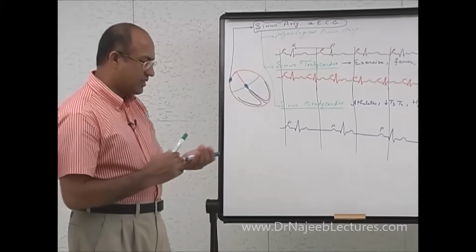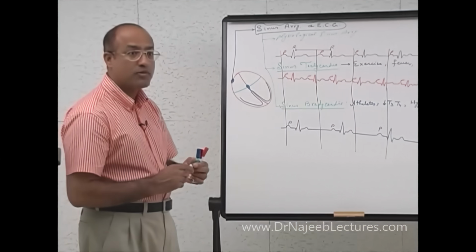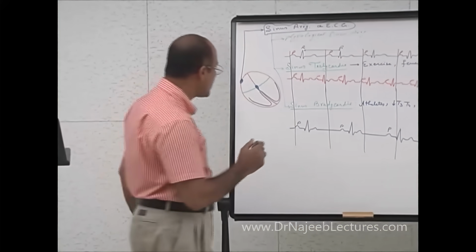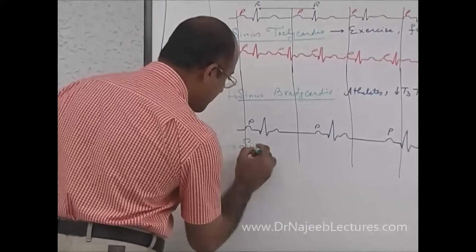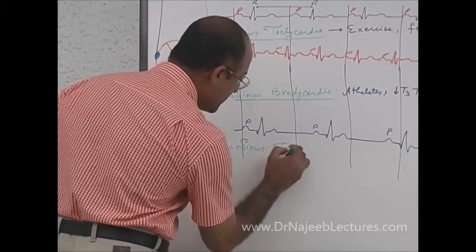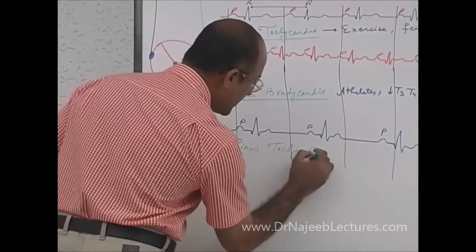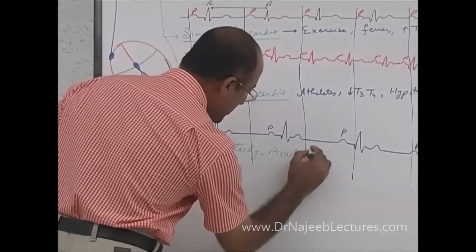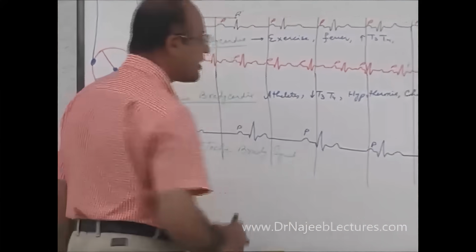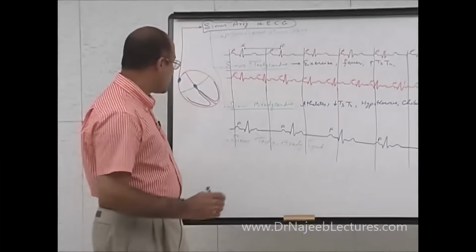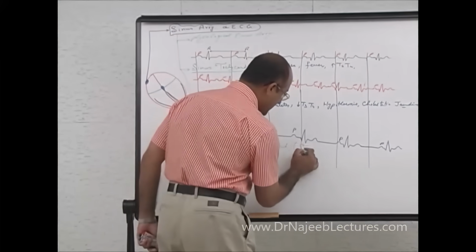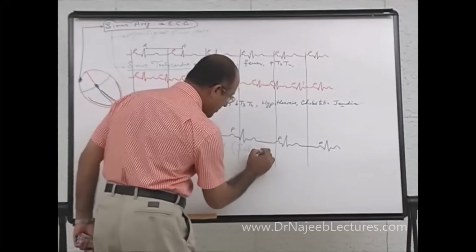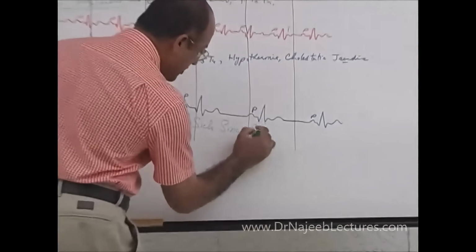So we can say you have a funny type of syndrome which is called tachycardia-bradycardia syndrome. That is sinus syndrome, or an easier way to remember this is sick sinus syndrome, S-I-C-K, sick sinus syndrome.